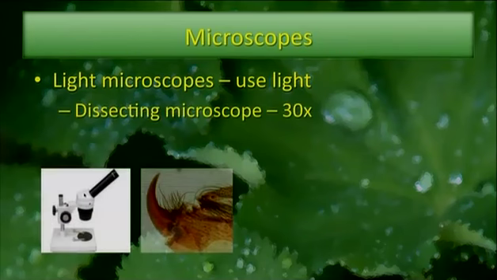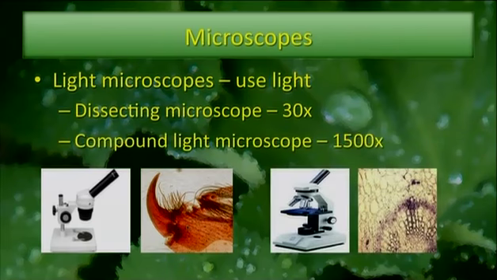We have two kinds of light microscopes. We have the dissecting microscope, also known as the stereo microscope, which magnifies about 30 times, and it will magnify opaque objects and give you a three-dimensional look at them, like this piece of, it looks sort of like coconut.